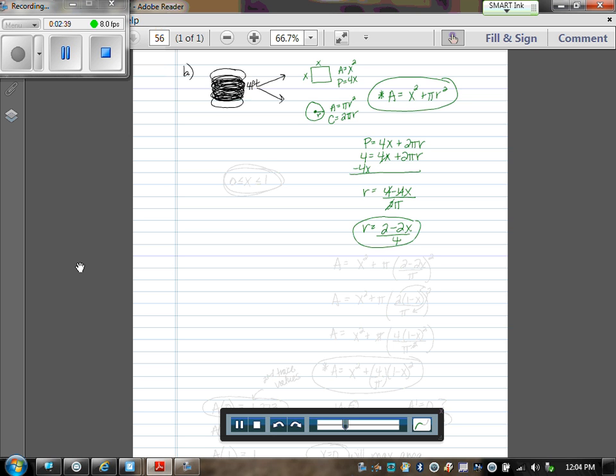So I'm going to take this and plug all of this in for r into my primary equation, so I only have one variable, giving me a new area equation of x squared plus pi times (2 minus 2x over pi) squared.